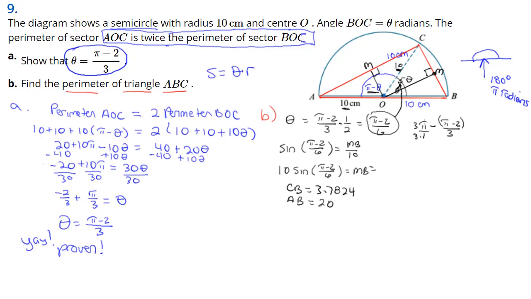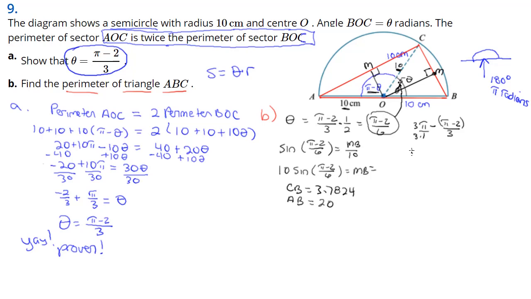Again, I know AB is equal to 20. So now what I've got to do is find this other side, AC. It's also an isosceles triangle, so I'm going to make a right triangle out of it. The angle of this isosceles triangle is going to be pi minus (pi minus 2) over 3.